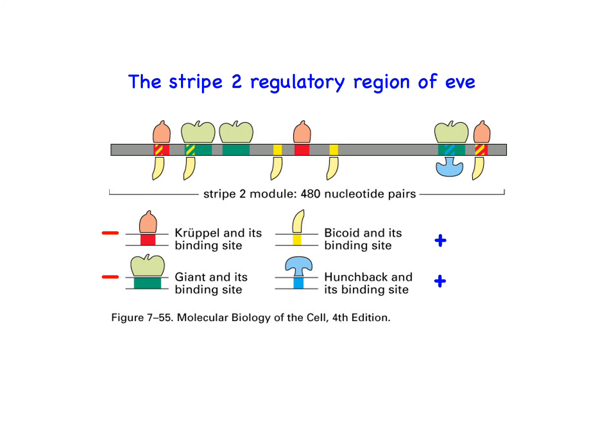So depending on the concentration of both of these, you're going to either get binding of the activator bicoid or the repressor Krupel. And so that's how you can regulate the expression of, in this case, Eve over this narrow stripe. And so each one of these stripes has its own regulatory module that responds to these upstream regulatory proteins in a different way.